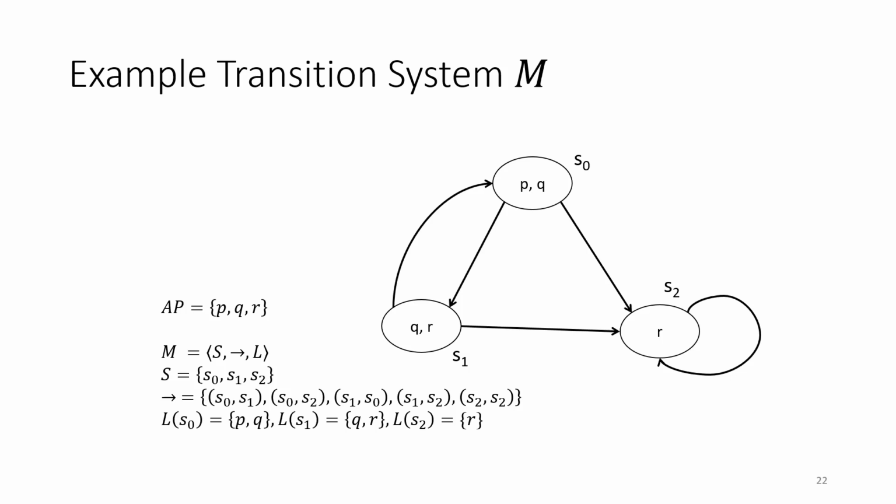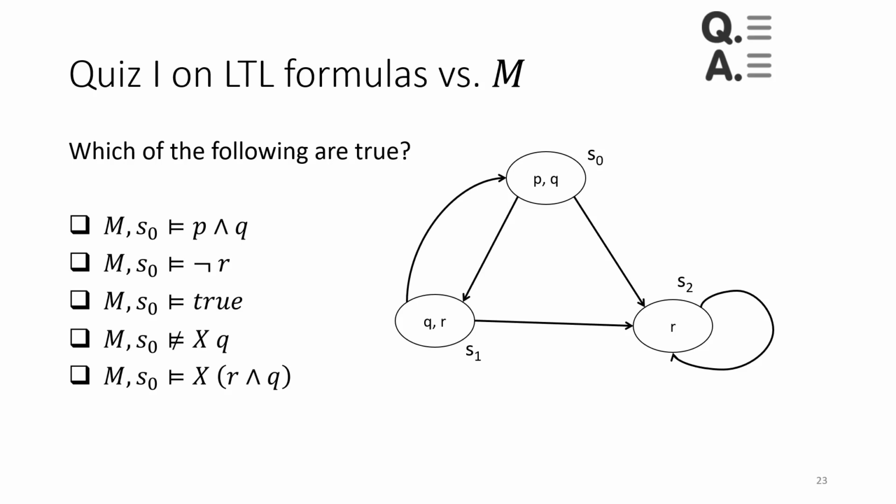Now here we have our example transition system again, and we will look at some other formulas. So in S1, do we satisfy the LTL formula P and Q? So this means starting from S1, the first element in any possible computation, of course, is this state S0, right?